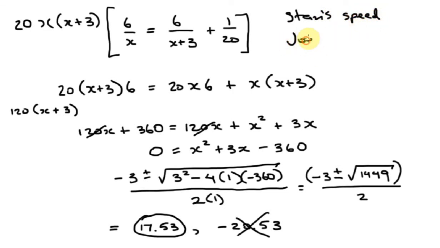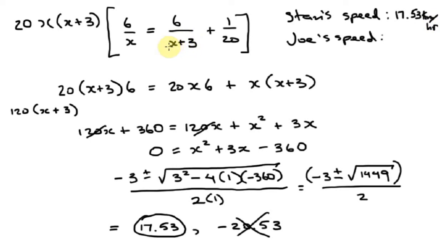So we just always want to give our answer here. So we make sure we got it. X, if you look in the table, X was Stan's speed, and X is 17.53, and this is kilometers per hour, which I'm not sure I can squeeze in here, kilometers per hour.